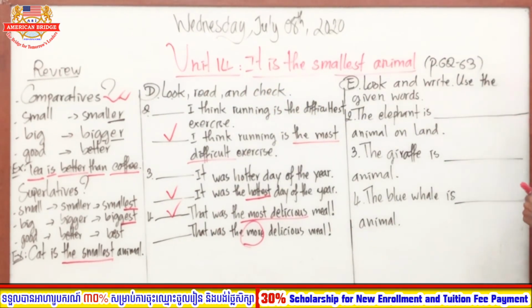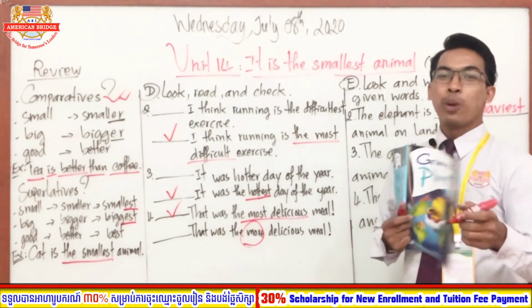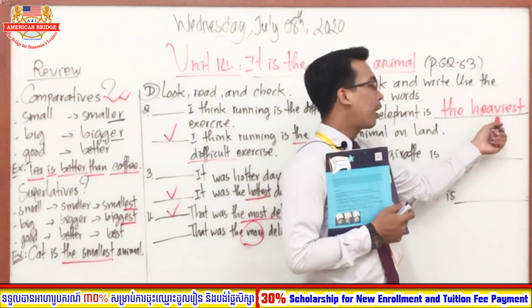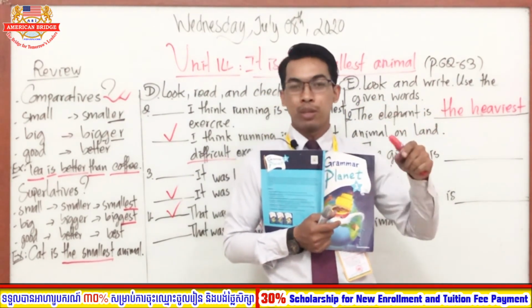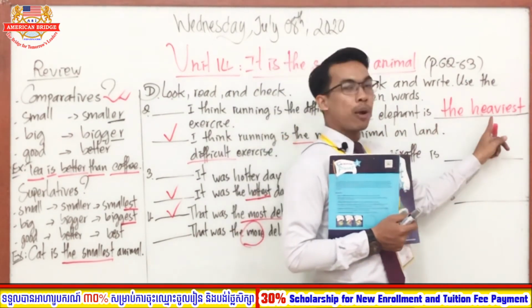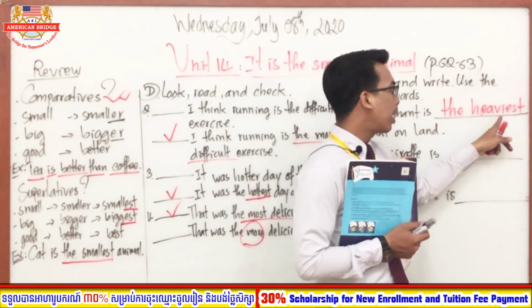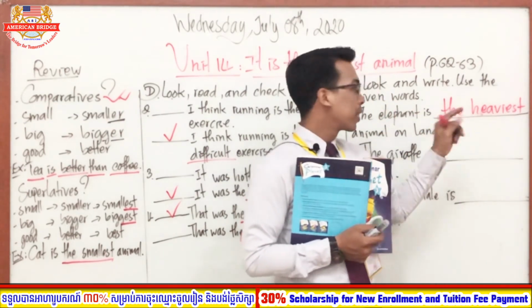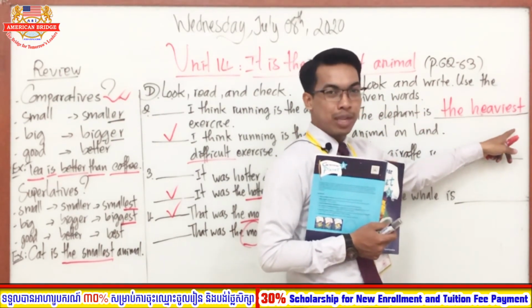So the elephant is the heaviest, okay, the heaviest animal on land. So why do we change to this form? Because the word heavy is an adjective that has 2 syllables and ends in y. So we change y to i, and then we add est. It becomes superlative adjective. You see?